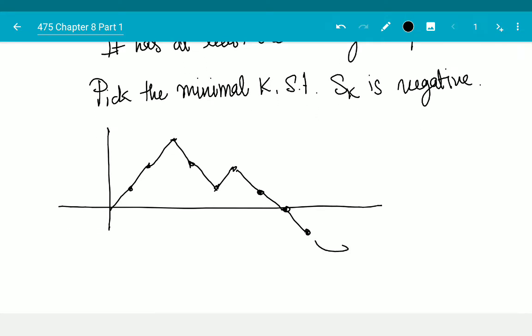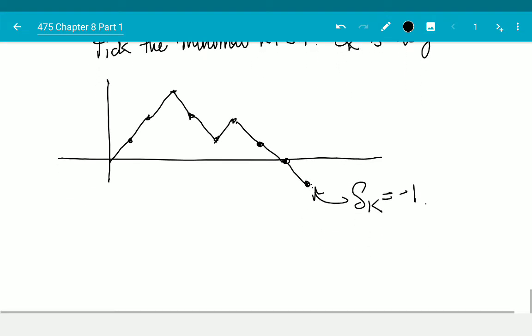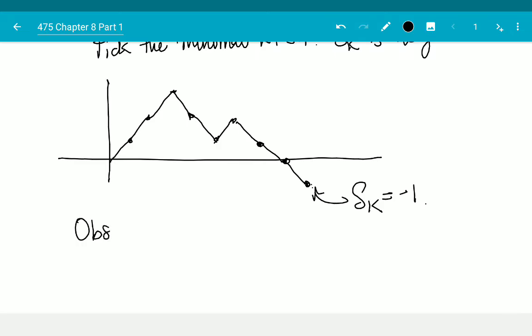So this is going to be my s_k in that case, because this is the first time that my sum is equal to -1. This is the k I want. Okay, observe.